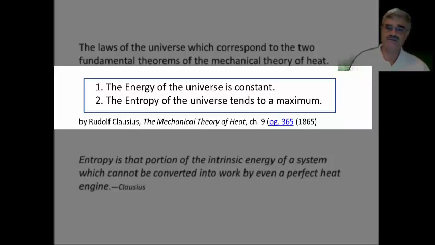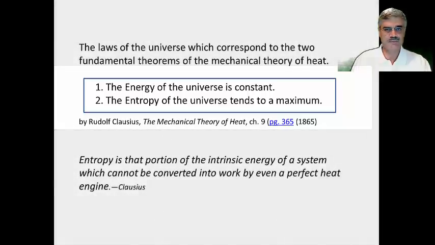We have only so much energy. That is, when the universe was created, it was endowed with so much energy. Second law: the entropy of the universe tends to a maximum. That is, there is this dissipation of energy leading to the production of entropy, and this is an inevitable process, the second law of thermodynamics, that energy is always degraded, we always produce entropy.